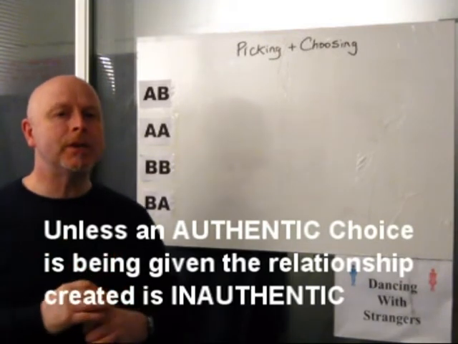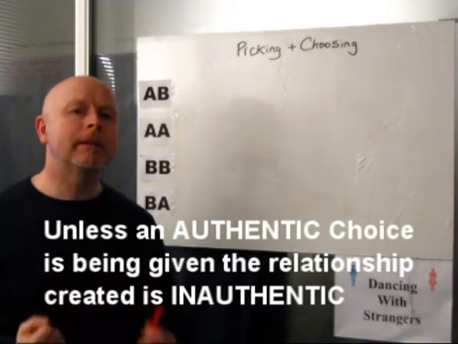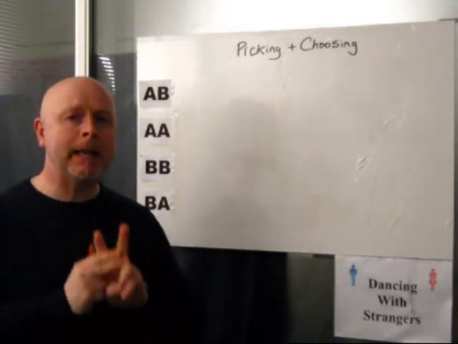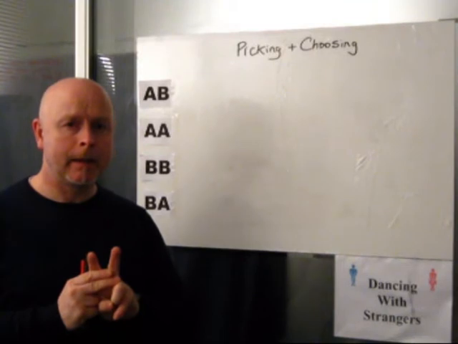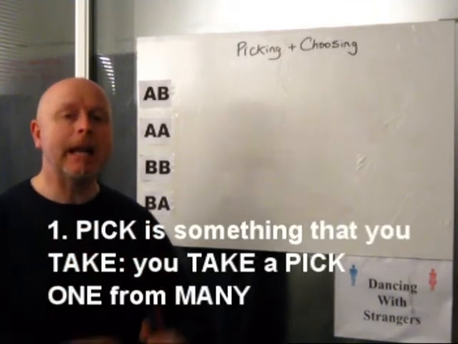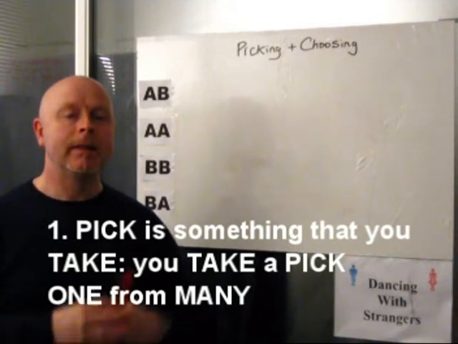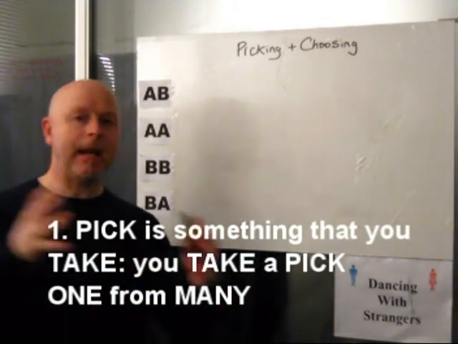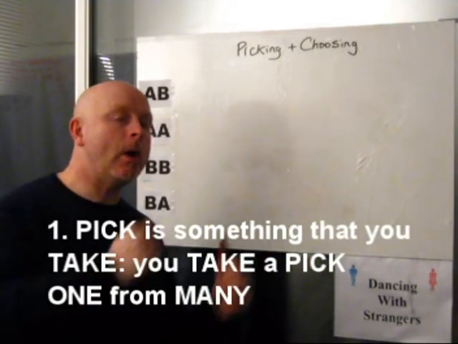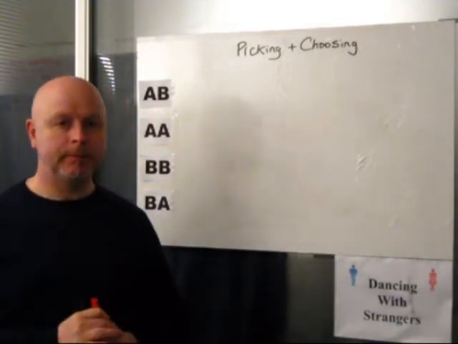To understand picking and choosing in terms of a sexual dynamic, there are two things which we have to understand about picking and choosing. First of all, picking. Picking is something that you take. You take a pick. So from many, you pick one. You take that one.